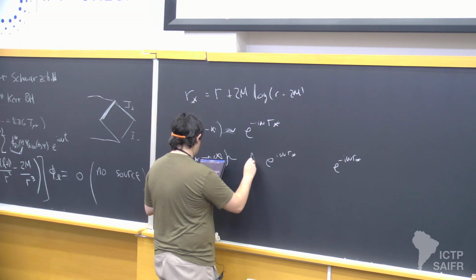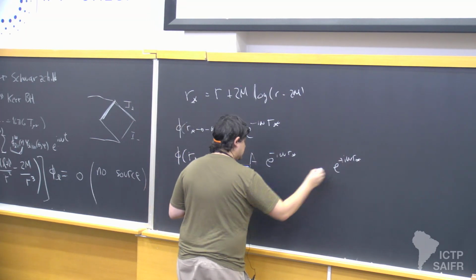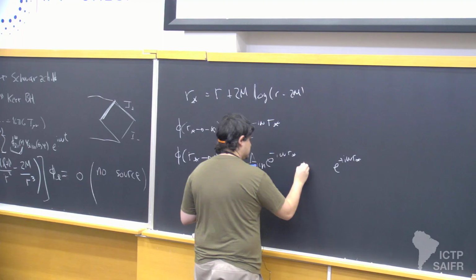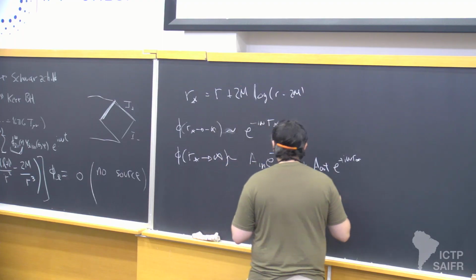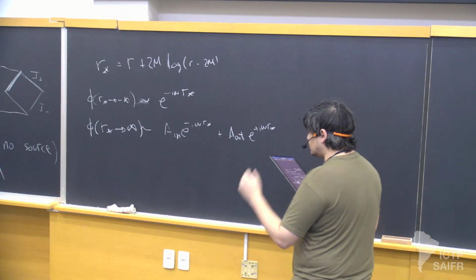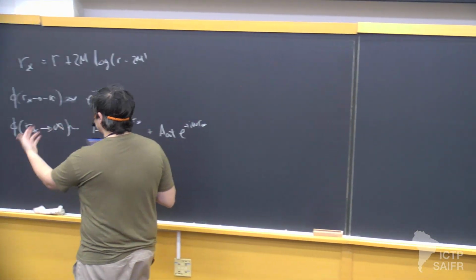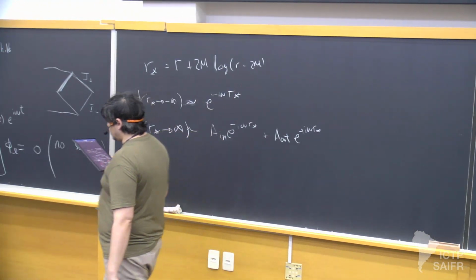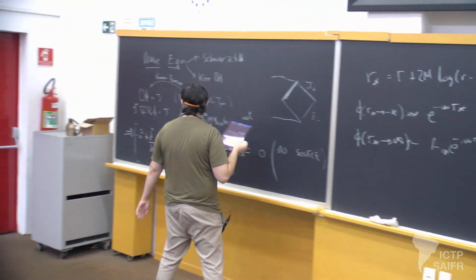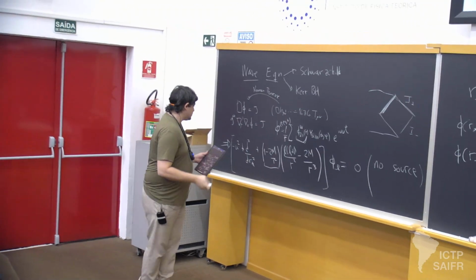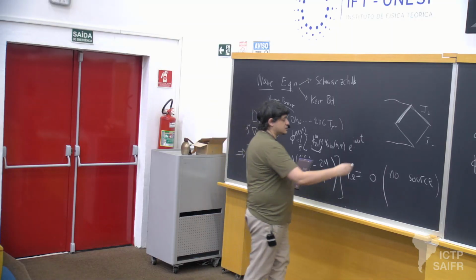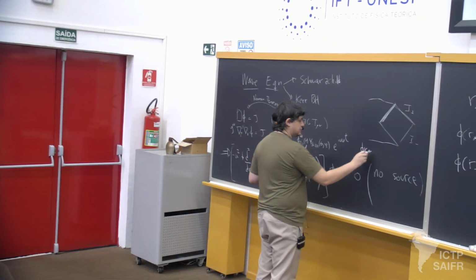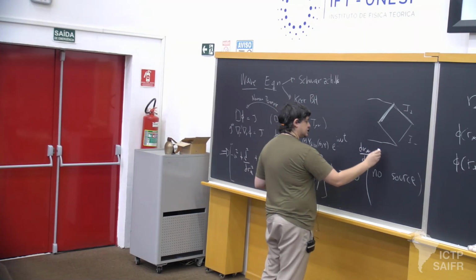But the rate at which they decay is different. If you look at the equation in r, not in r star, you will see that this equation actually has a singular point.